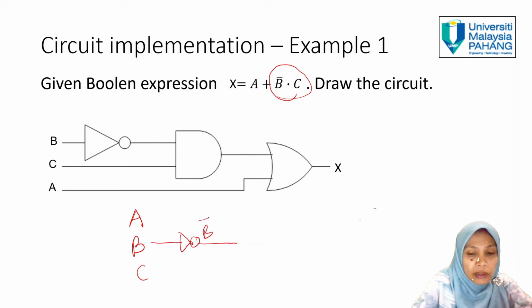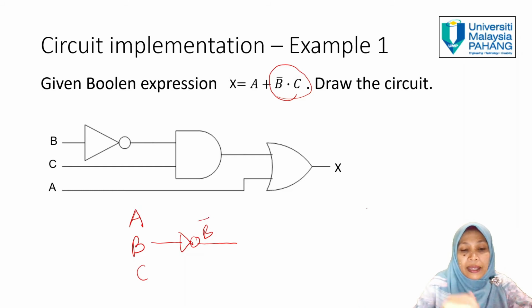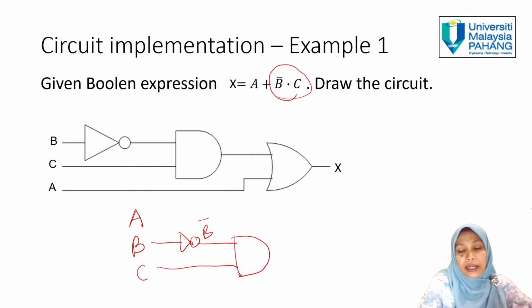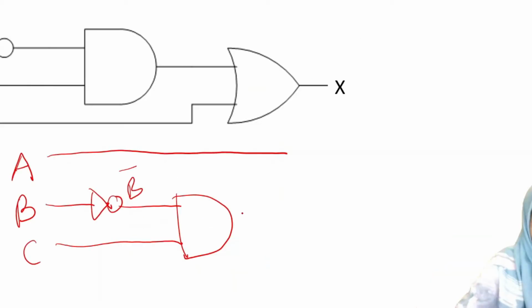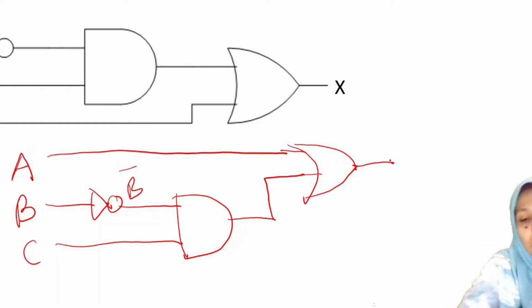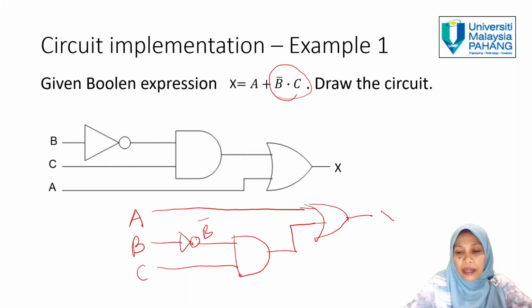So the output here equals B bar, and then B bar and C are input to the AND gate. Alright, and then after that the output of the AND gate is ORed with A. Okay, so we get the output X at the end of the OR gate.